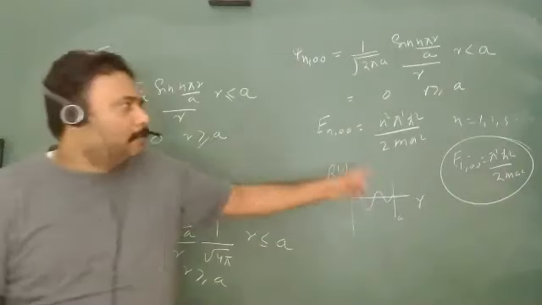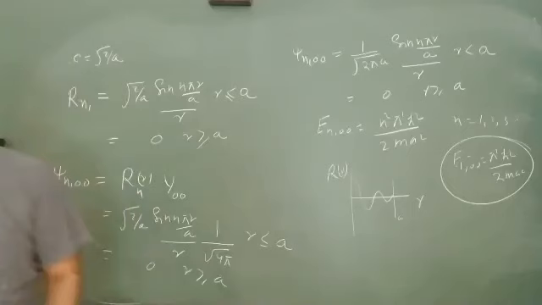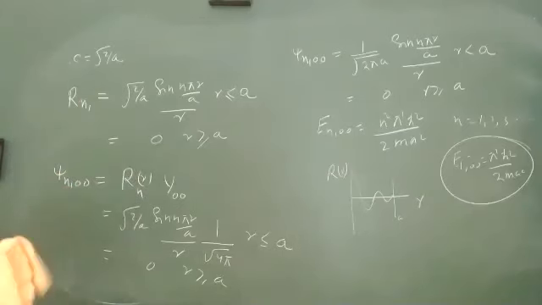That is exactly n square pi square h cut square upon 2ma square. Are you getting this thing? Yes, sir. So this is one of the wonderful problems you have to always keep in mind.